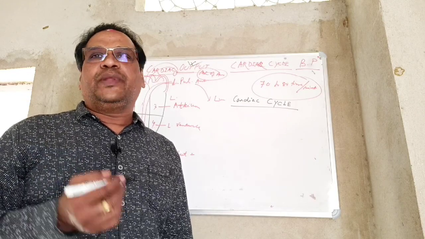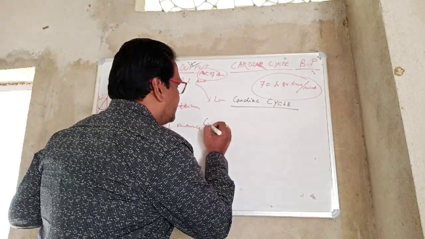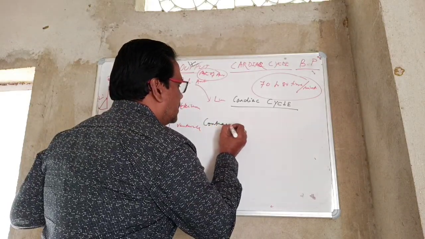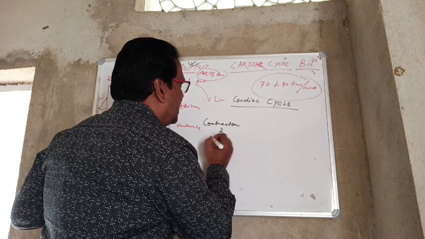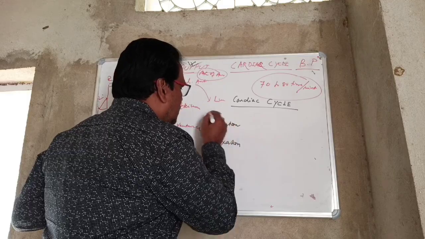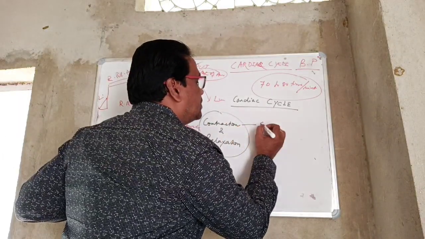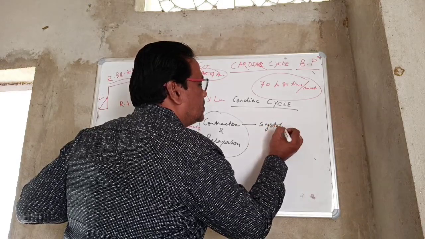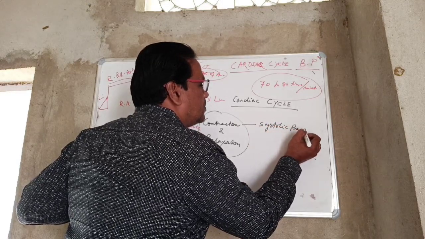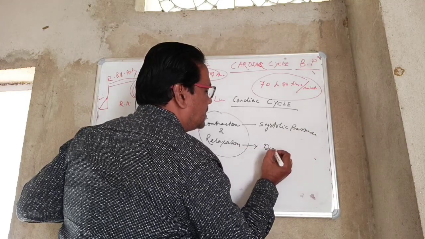First is contraction and then relaxation. The contraction pressure is your systolic pressure, and relaxation is your diastolic.